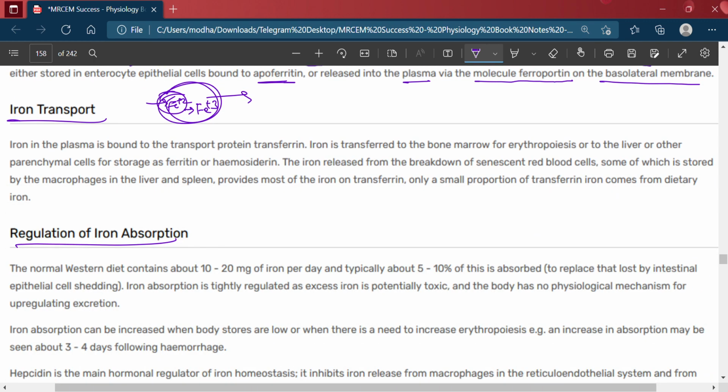Then iron transport: iron in the plasma is bound to the transport protein transferrin.